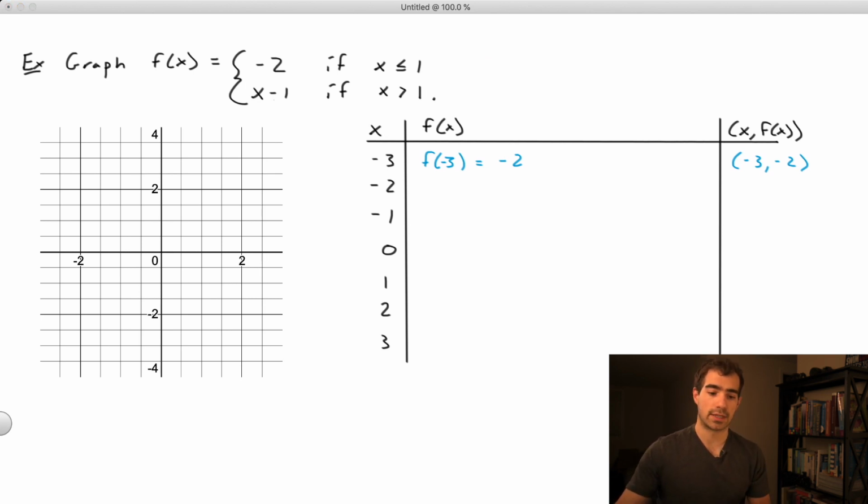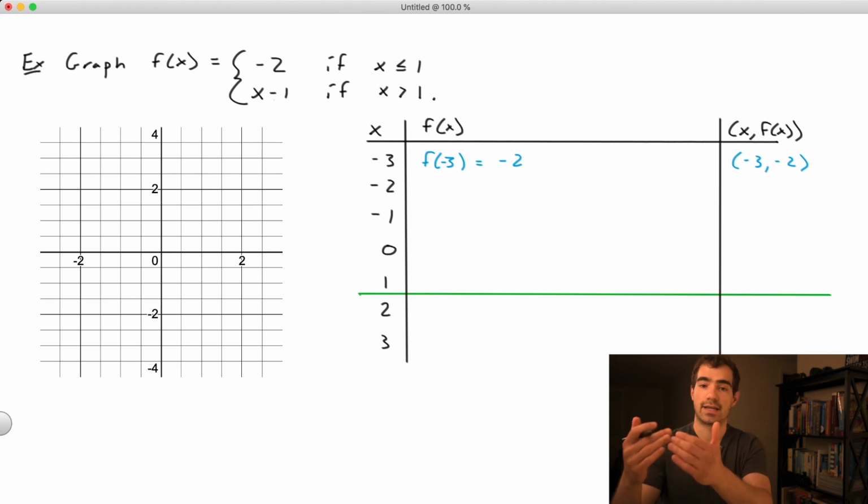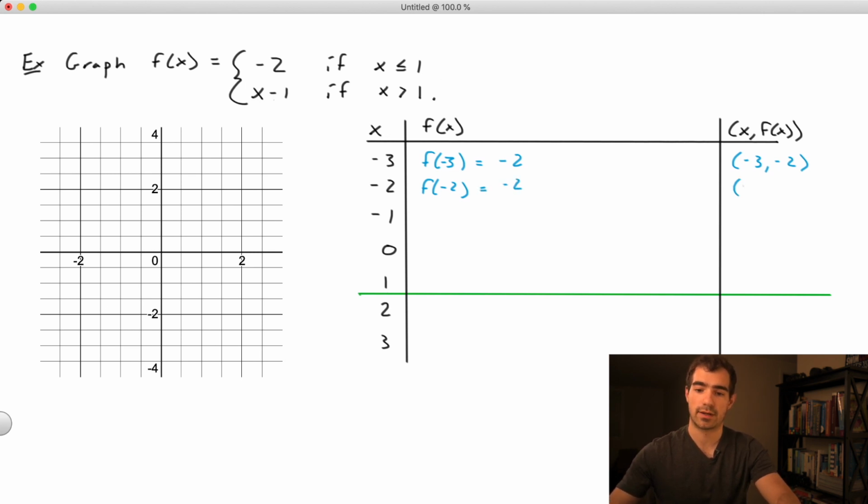And so what we can do here, just to simplify our process, is go ahead and make note that everything above this line is going to utilize that top piece of our function, and everything below that is going to utilize the bottom piece. And so continuing to evaluate this, we have f of -2 that also gets evaluated based on the top piece here, and so we also have -2, giving us the coordinate pair -2, -2.